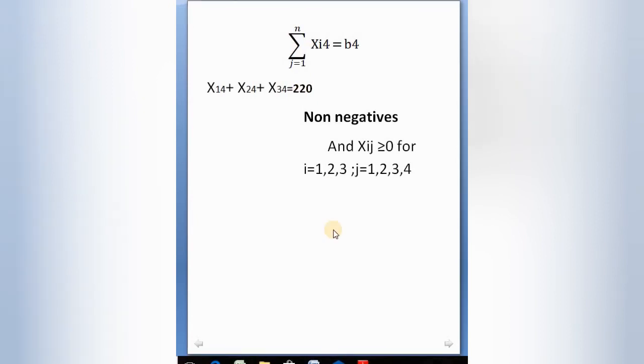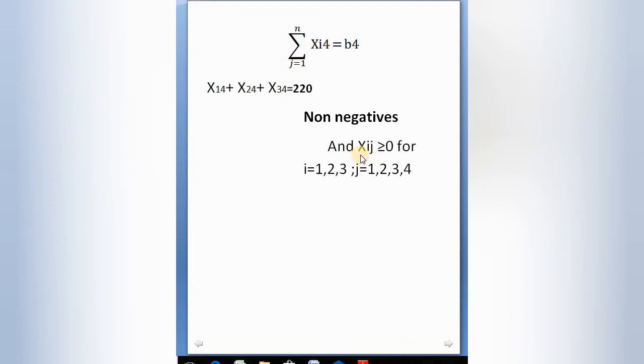And we come to the last property of the mathematical formulation, that is non-negativity. Finally, all values of xij must be greater than or equal to 0, not less than 0, as negative units can't be transported.